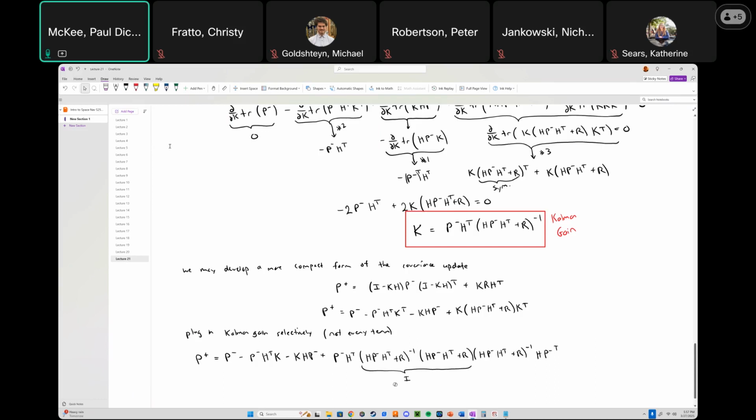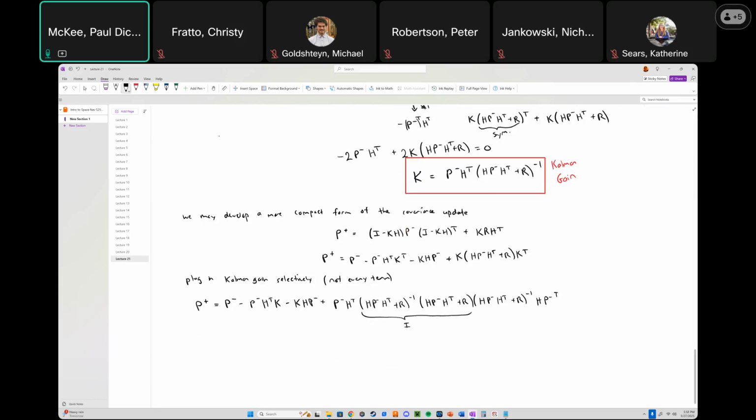Okay, is that going to make our life easier? Well, we'll see. So then the next bit is we're going to say, oh, by the way, this K we're also going to plug in. So we're going to get P plus is equal to P minus minus P minus H transpose H P minus H transpose plus R inverse H P minus.